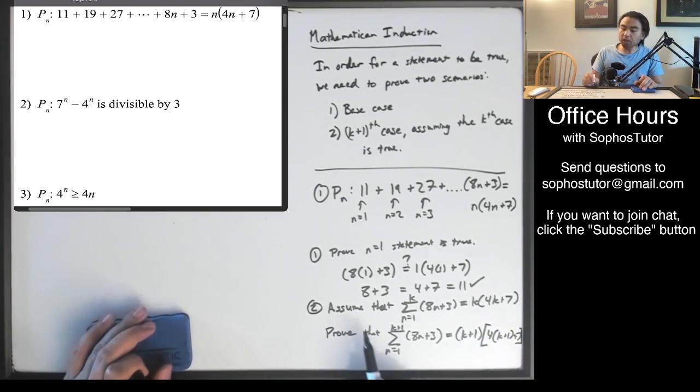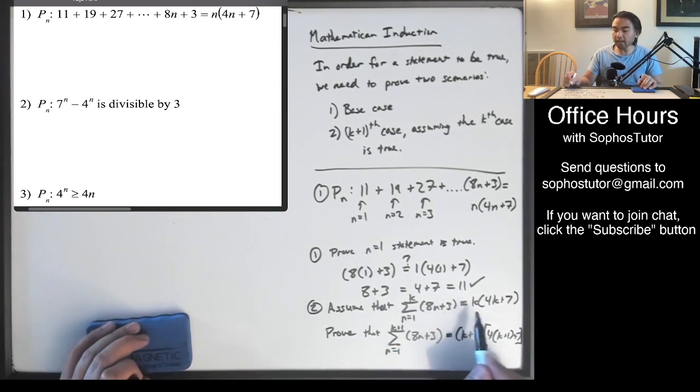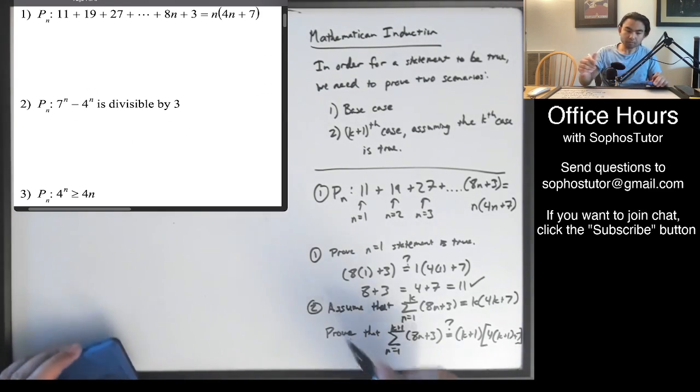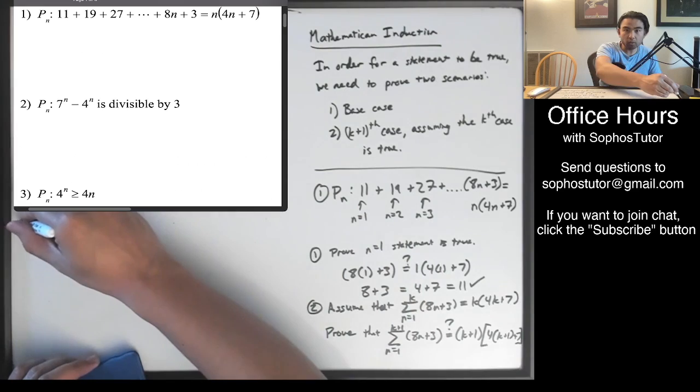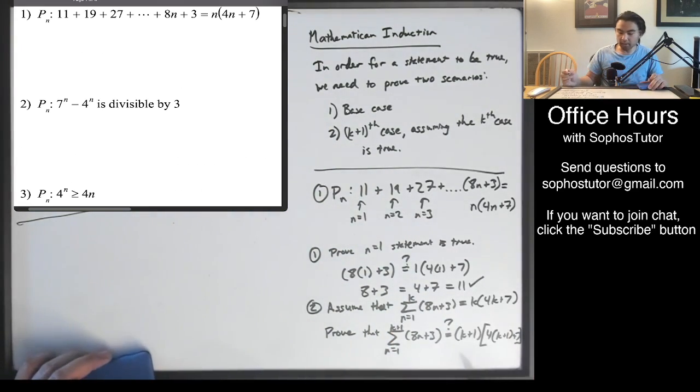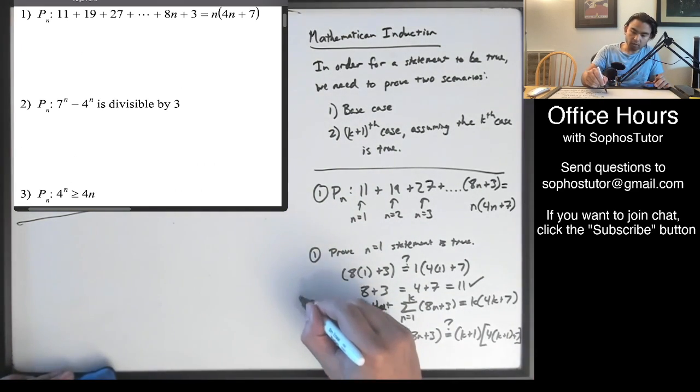Okay? So just because we've assumed that the kth scenario is true, we do not know if the k plus 1 scenario is true. So now we need to work this out. So now how do we work this out? Let's carry this over here.